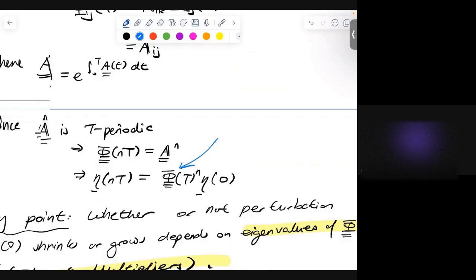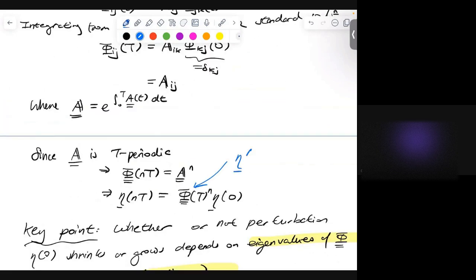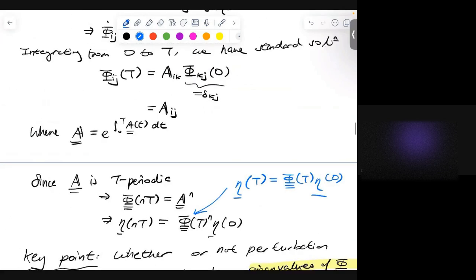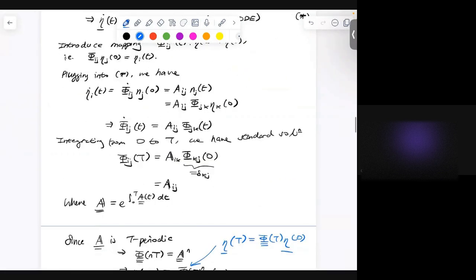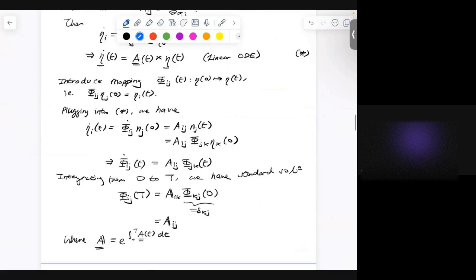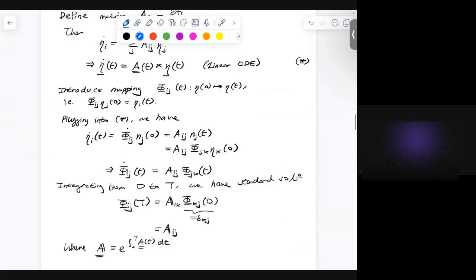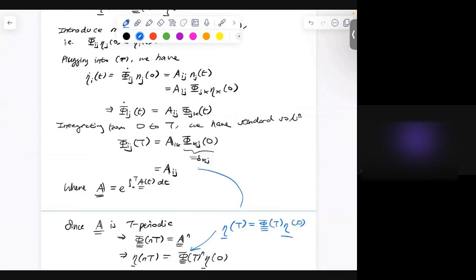Like, we also have this. I'm not sure where exactly that was. It would have been after integration, so I guess it would have been here.